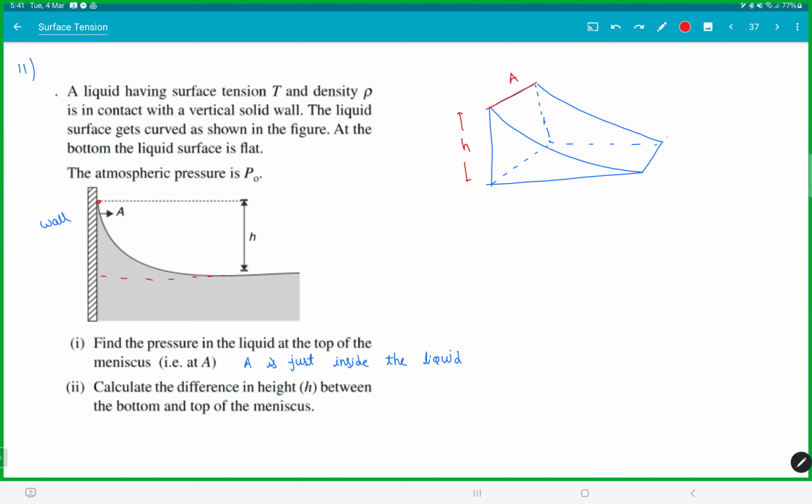No, that's not the answer. You'll get it in roots. D is the density, yeah? Okay.